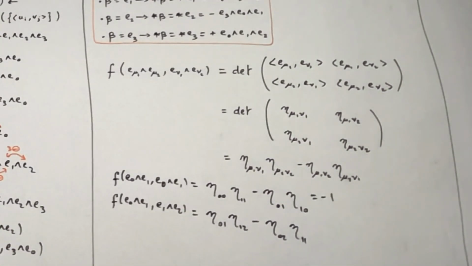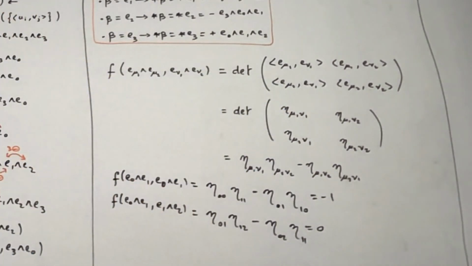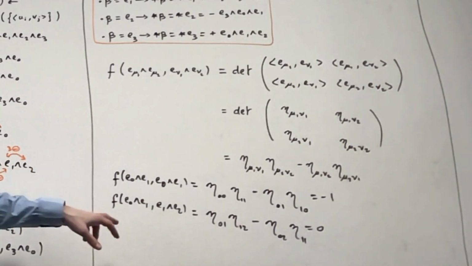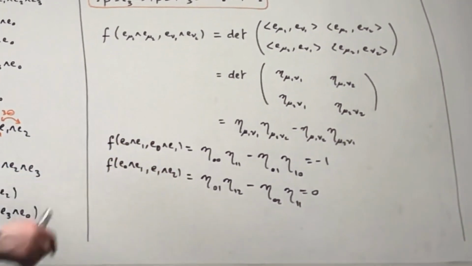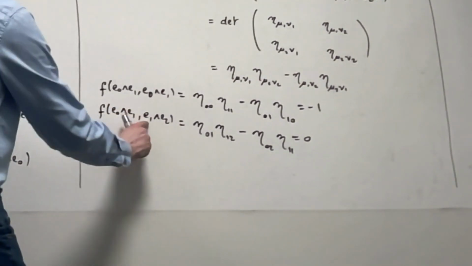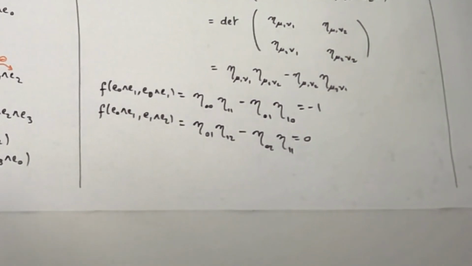Okay, so basically that gives you 0. And in fact, what you can see is that the only ones that are going to be non-zero, and actually I could have guessed, are the ones where you actually need to have the same identical ones. Otherwise, you're going to get a cross thing here that gives you an eta that is non-diagonal, and that gives you 0.